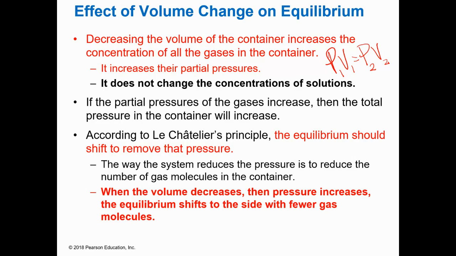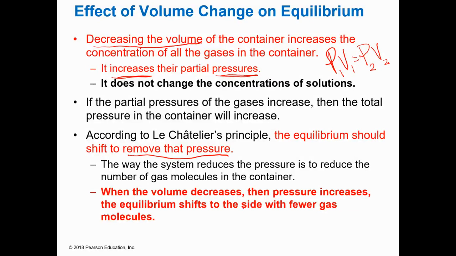Sometimes it's going to talk about volume and sometimes it's going to talk about pressure, but really it's doing the same thing. So here we say we decrease volume, which means we increase pressure because they're inverse. So the equilibrium shifts to remove that pressure.